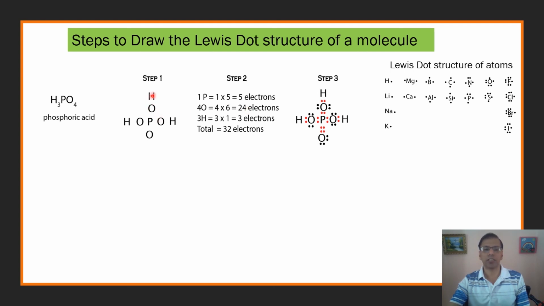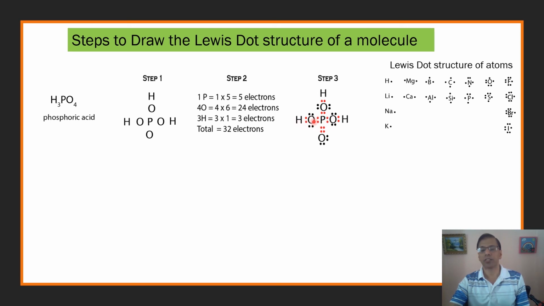Each bond is represented by 2 electrons. Between oxygen and hydrogen, you can see these 2 red dots mean 2 electrons, and these are shared by oxygen and hydrogen. Between each of the atoms, you put 2 electrons, and in this case I've put them in red, the 2 electrons which are shared by the 2 atoms.